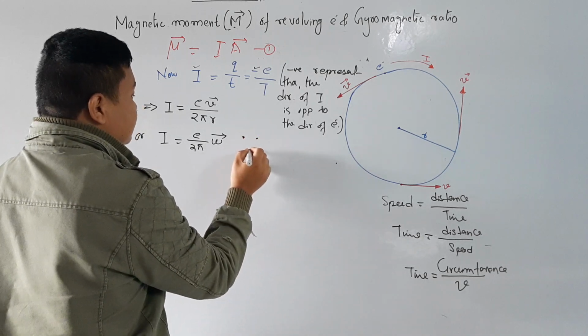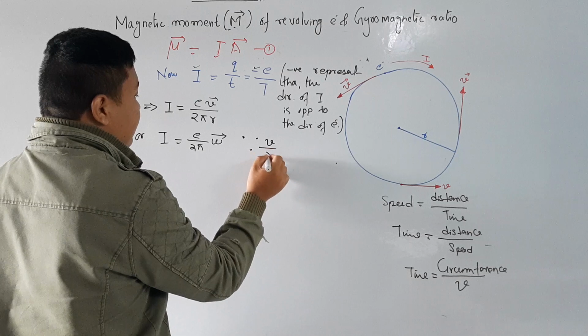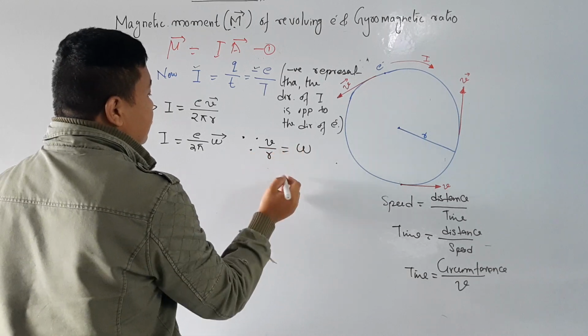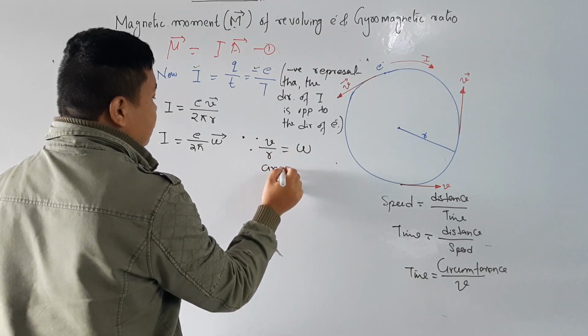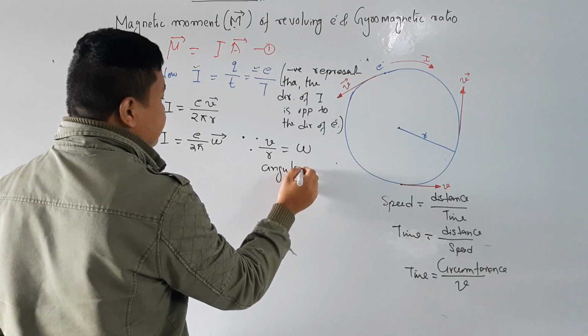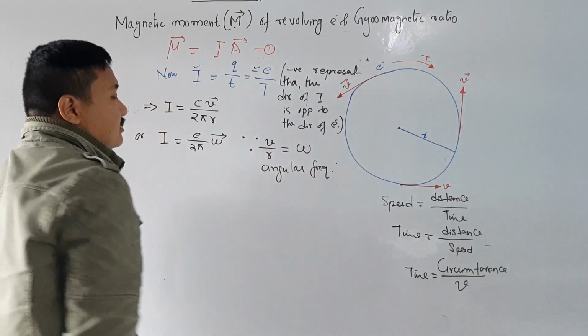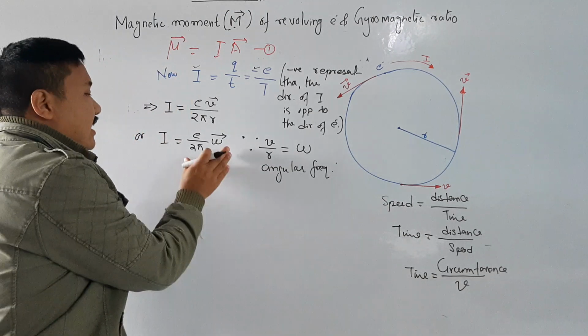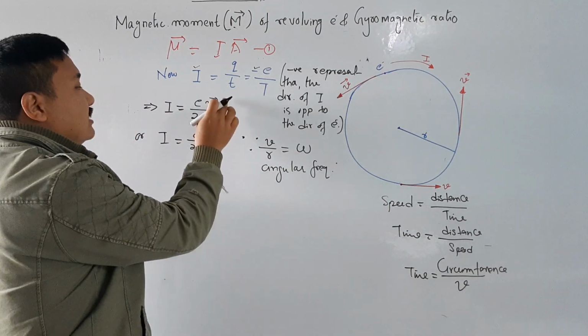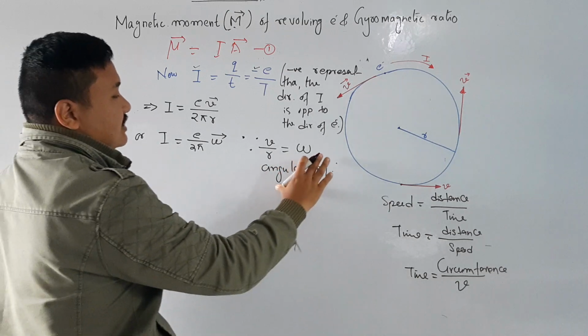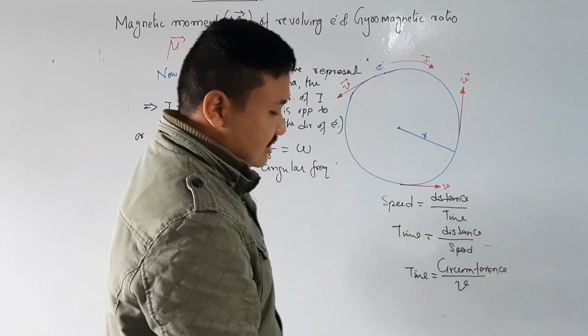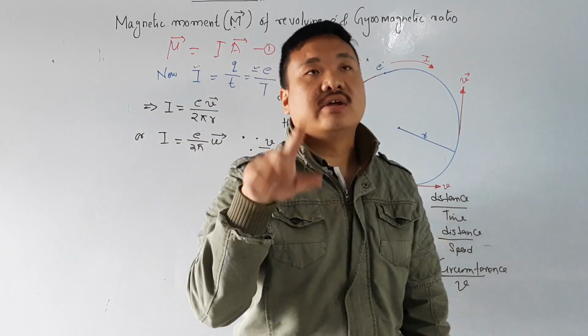Since V by R is equal to omega, which is called angular frequency. Okay, so in some books they will write omega, in some books they will just write V by R. This we have studied in class 11 in circular motion.